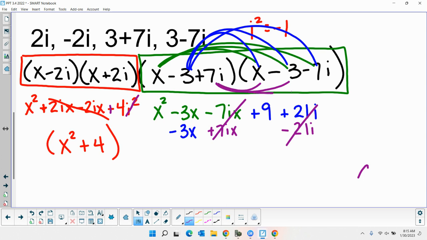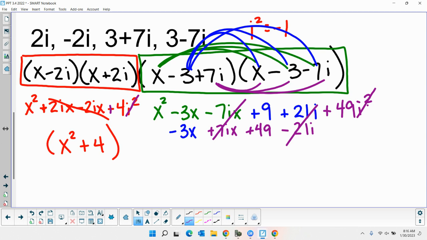And then negative 7i times negative 7i is, positive times a negative is negative, right? Negative 49i squared. Well, what happens there? That's positive 49. So I'm going to put it with the 9 because those are like terms. You with me? Any questions? So there's 9, right? 3 green, 3 blue, and 3 purple because that one I just moved there.